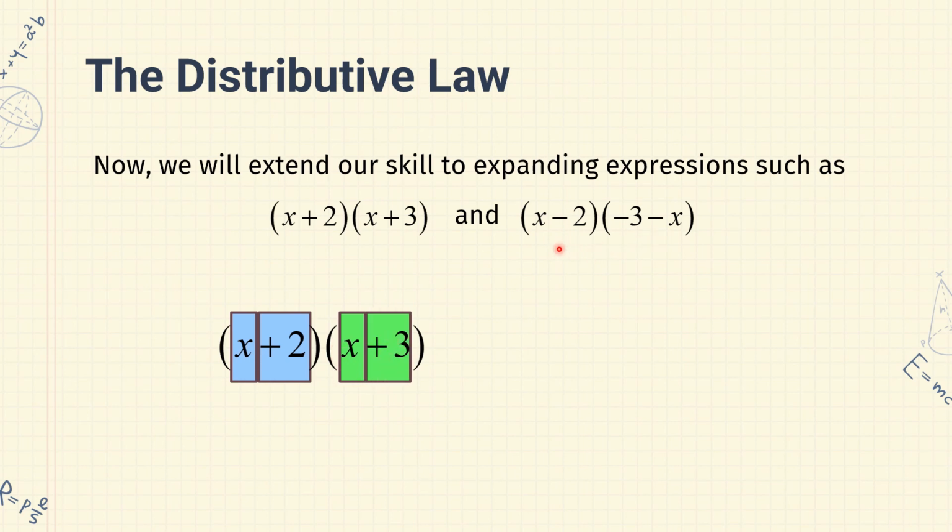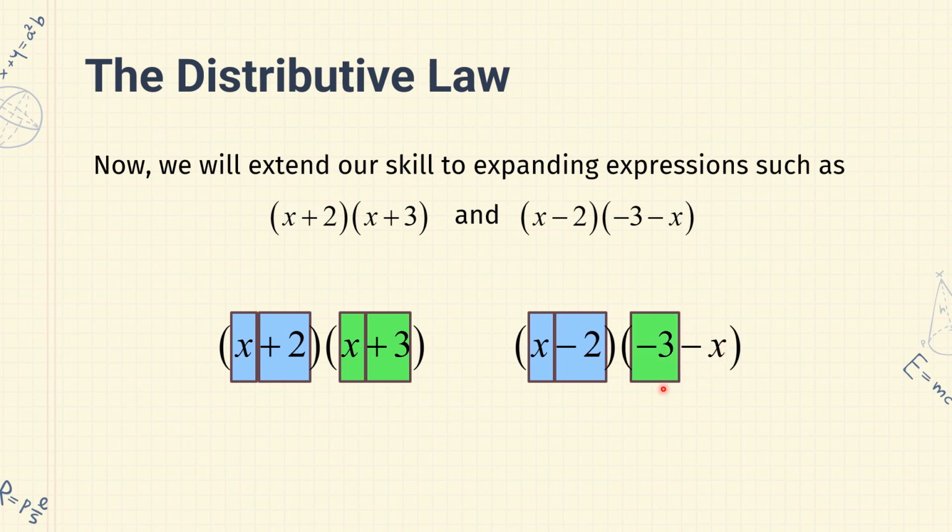In the other expression, we recognize the same thing: the terms inside the first pair of brackets are positive x and minus 2, and in the second pair of brackets, we have negative 3 and minus x. Recognizing the terms found within the brackets will help us greatly in applying our distributive law to expand these expressions.